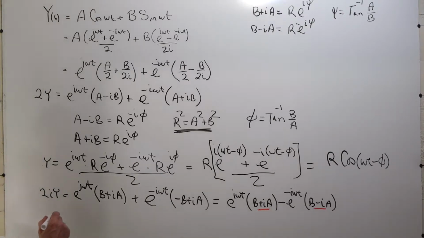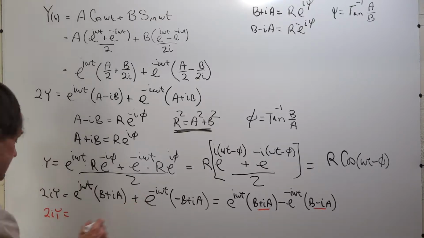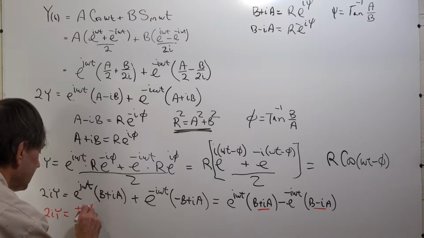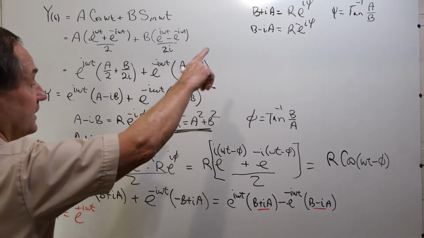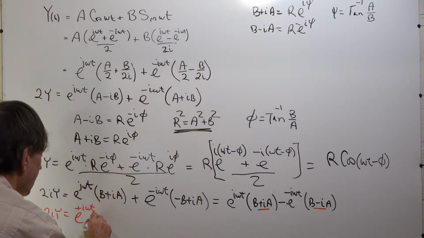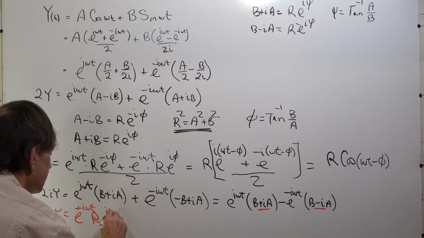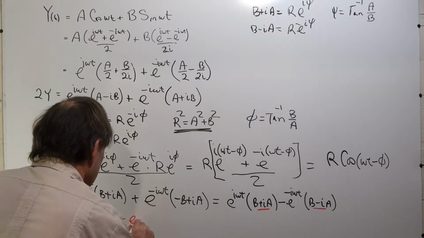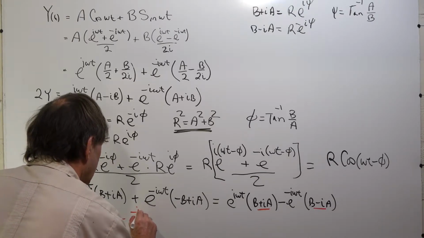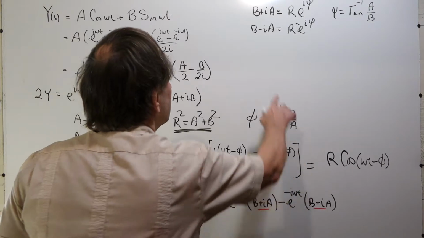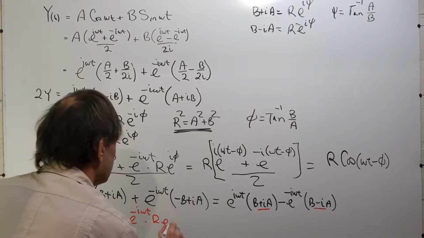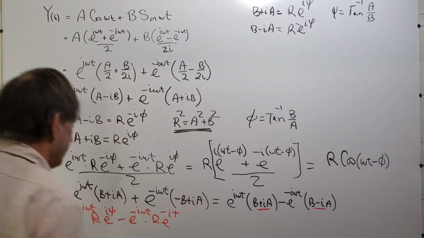So I have 2iy, which is equal to e to the i omega t, and B plus iA is R e to the i psi. And then we have a minus e to the minus i omega t, and B minus iA is R e to the minus i psi.